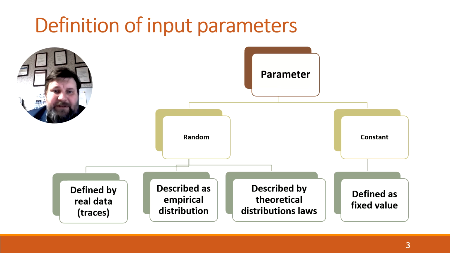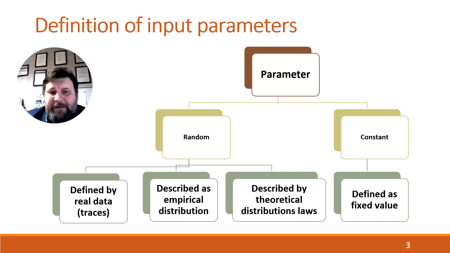And here, as you're able to recognize, we have three different approaches, I would call them, to represent randomness inside the model. The first one is defined by real data, or sometimes we refer to it as inclusion of traces.